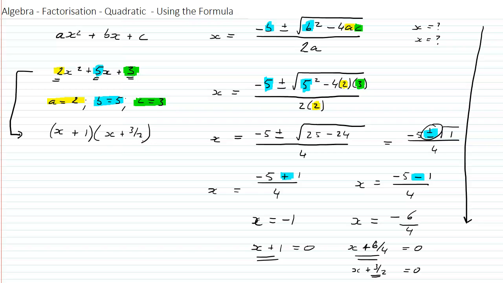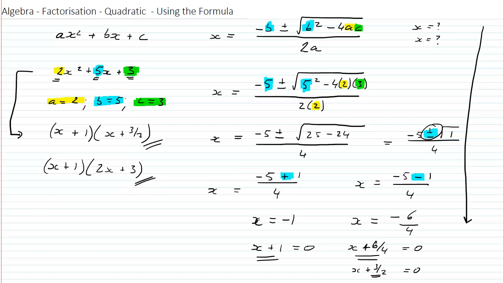Now we might like to just change this one here. So we have x plus 1, and then what we can do, just to get rid of that 2 there, is multiply everything here by 2, 2x plus 3. But it makes no difference at all. These are the exact same, guys.